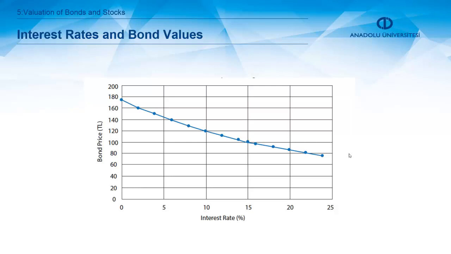When the market interest rate is equal to the coupon interest rate of a bond, bonds sell at their par value. It is the face value, that is the value written on the bond.